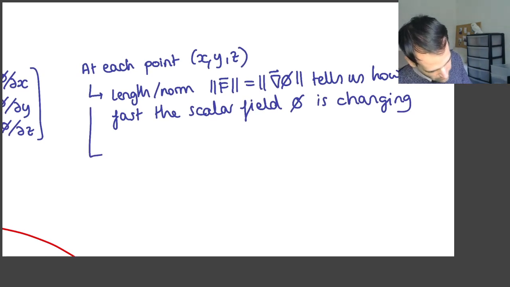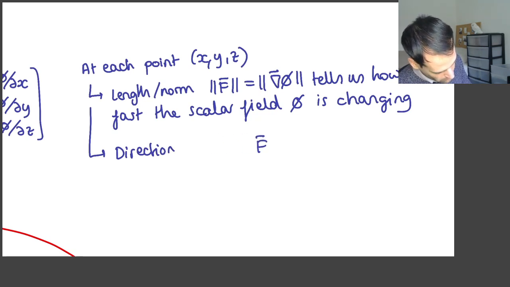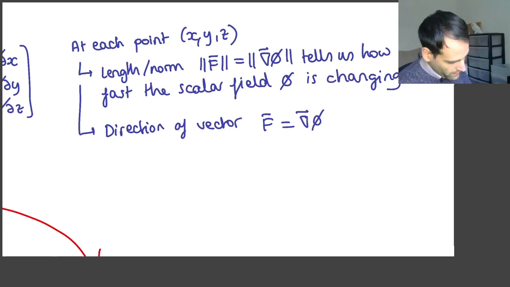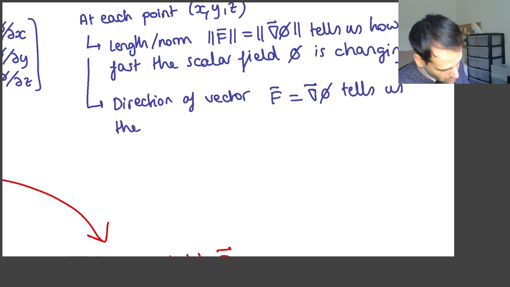While the direction of the vector F, let me write of the vector, which is equal to the gradient of phi, the direction of this vector tells us the direction of steepest ascent.